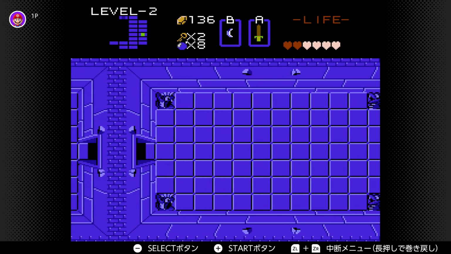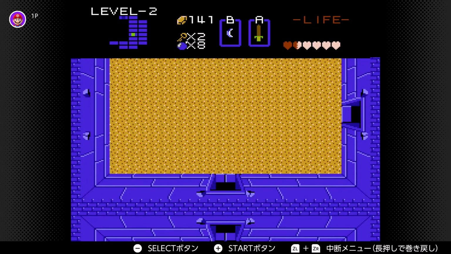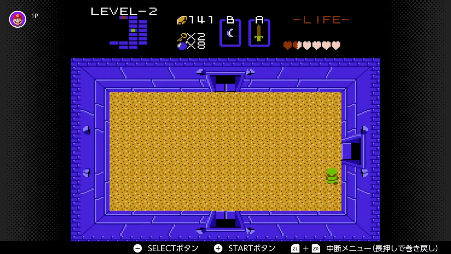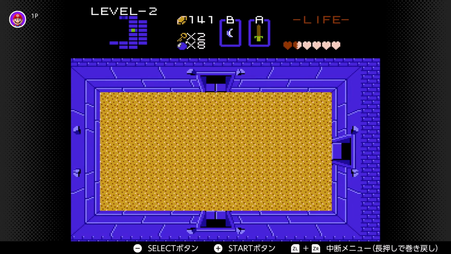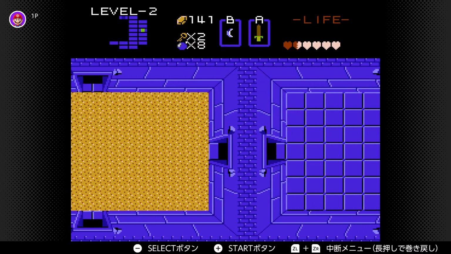Let's leave this room and these deadly statues. Okay. Let's continue above. Let's go to the right here. We get some bombs, of course, because of the boss. As you might have noticed, they keep on giving you bombs here.